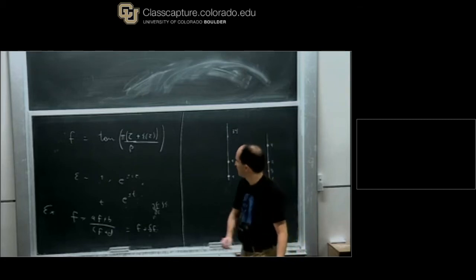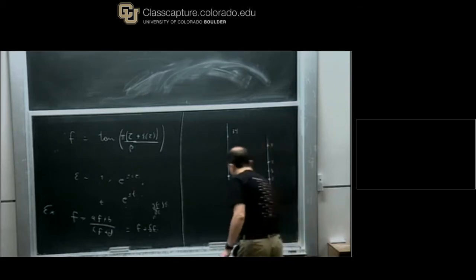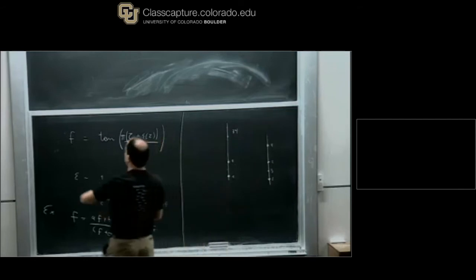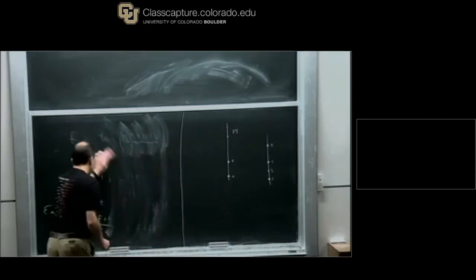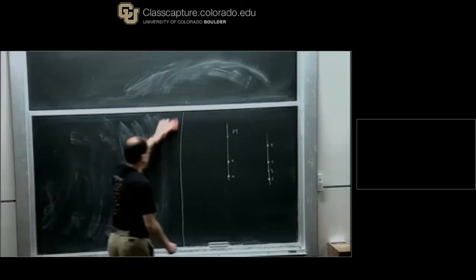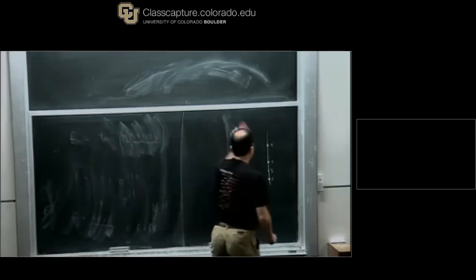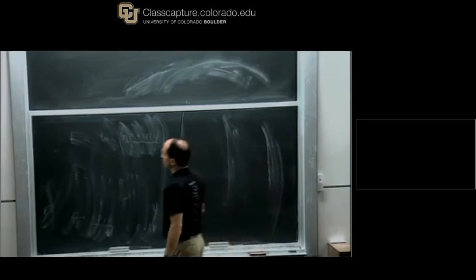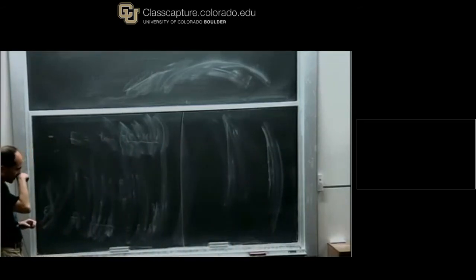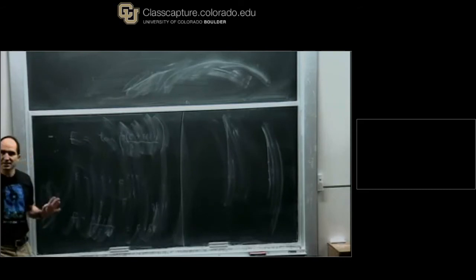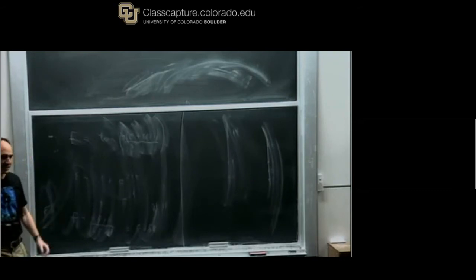So now what we're going to do is talk about AdS2 gravity. First, we're going to try to put this in context. In general relativity, in any number of dimensions, we can have black holes.